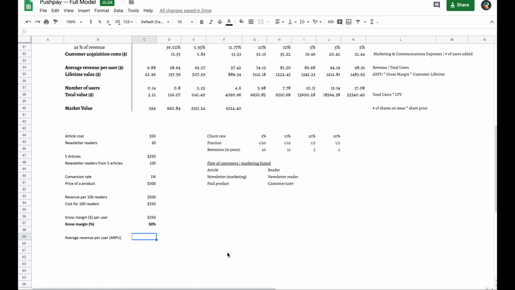So we know that the average revenue per user is $500. So average revenue per 100 readers, which also happens to be average revenue per individual user. So now let's move down.